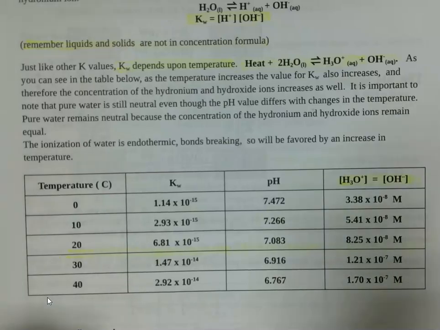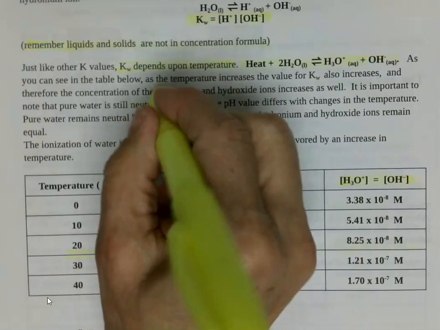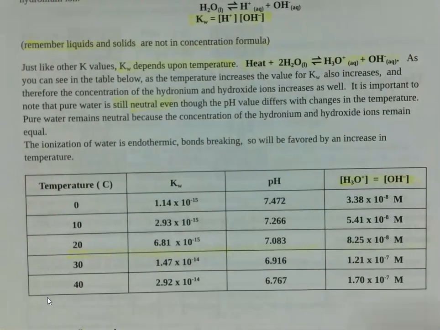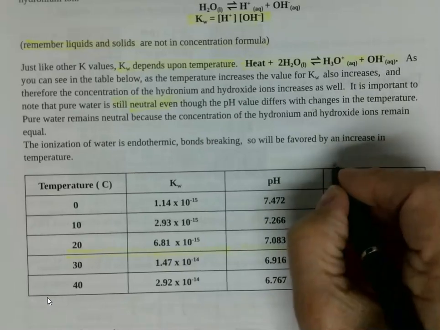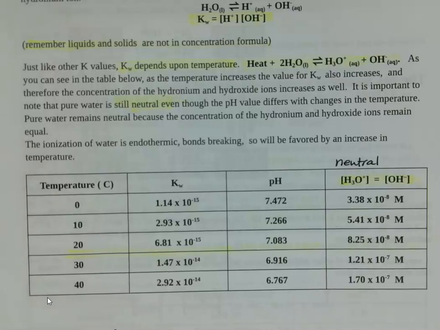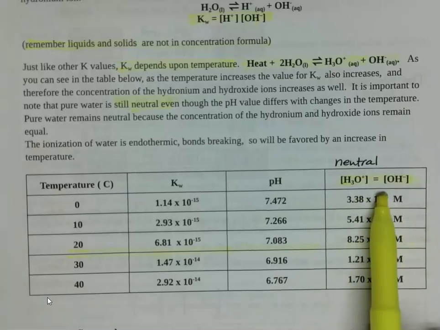Oh well, it's up here in the reading. So we're talking about neutral, as in pure water. When we're talking about a neutral compound, not an acid, not a base, but neutral, those two are always going to equal each other.